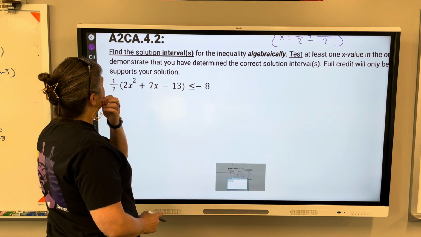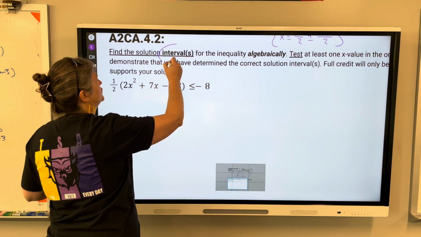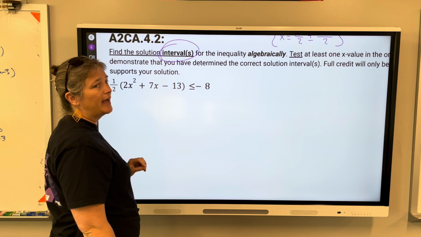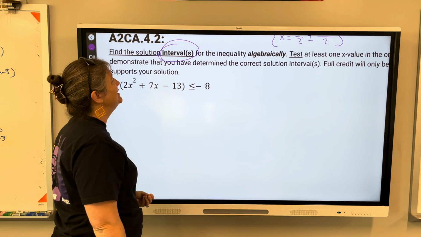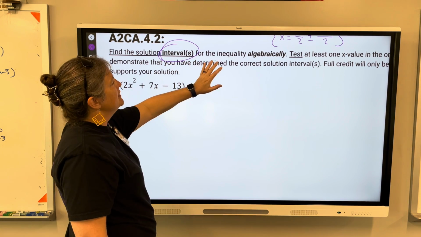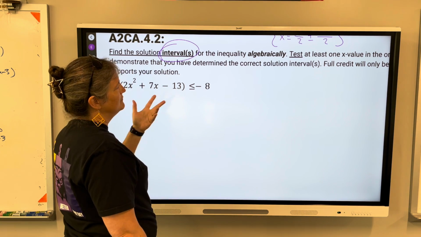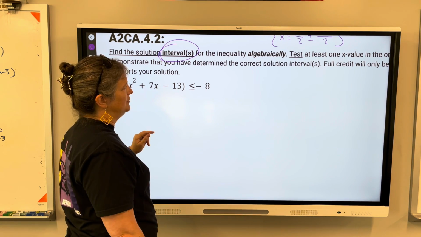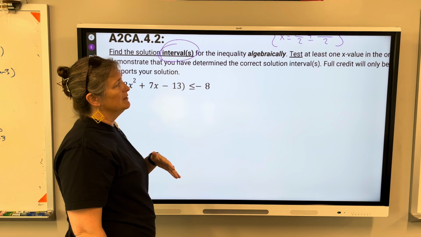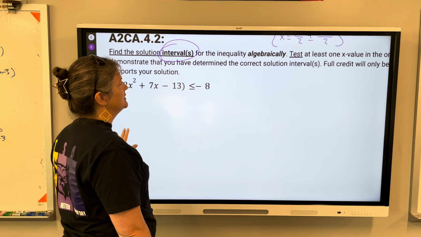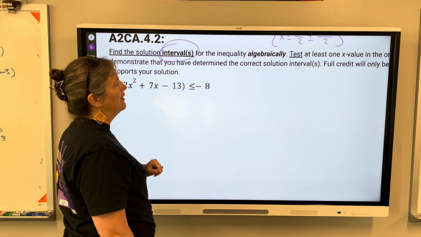So 4.2, I find the solution intervals, so I'm going to make note of that. I'm being asked for the interval notation for the inequality algebraically. So I need to solve this inequality algebraically, which is just using algebra. I am going to use a little bit of graphical reasoning at the end like we did in class, but that counts.